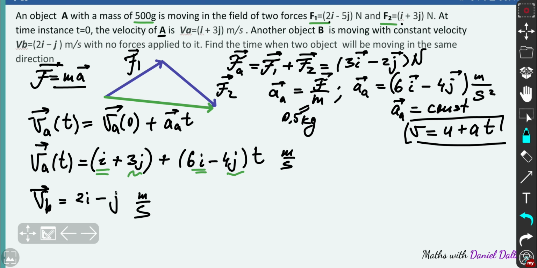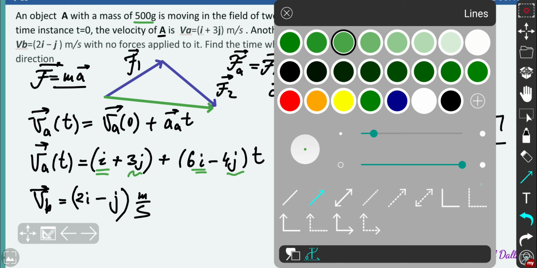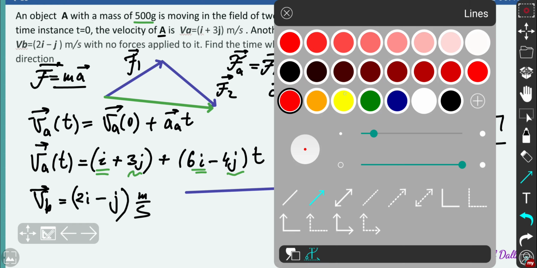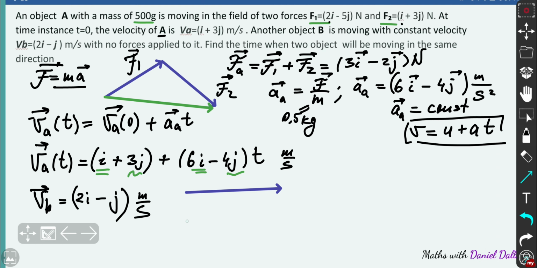Okay, what we need to find right now is the time when the two objects will be moving in the same direction. So, for example, if VA is the velocity for the first object A, let's set up like this, and let's set up another vector for velocity VB.